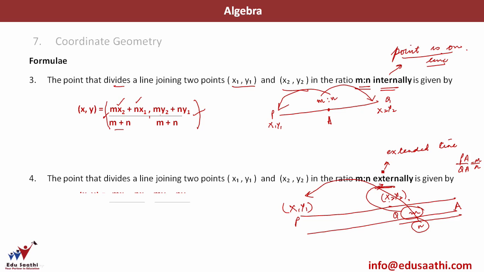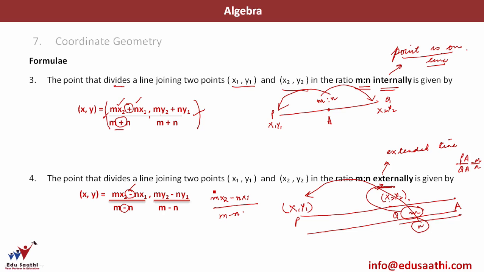The only difference is that instead of a plus sign, I will have a minus sign here. Here I had a plus sign all the way. Here I will have the minus sign. So it will be mx2 minus nx1 over m minus n.